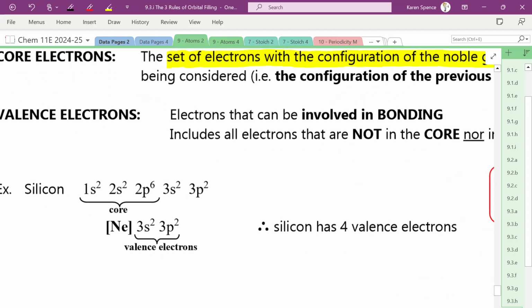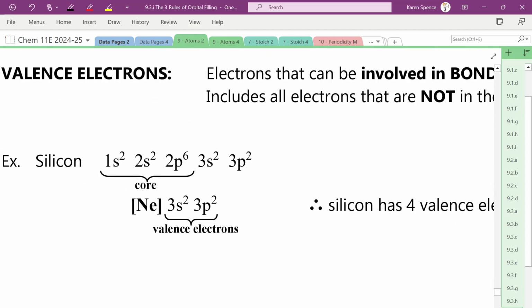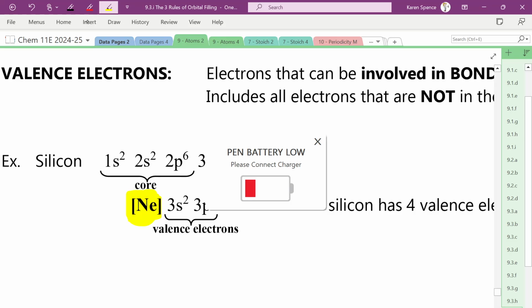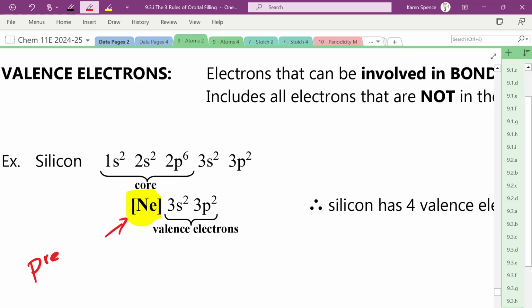So for silicon, the previous noble gas is neon. So our core is the 1s2, 2s2, 2p6, that's our neon.